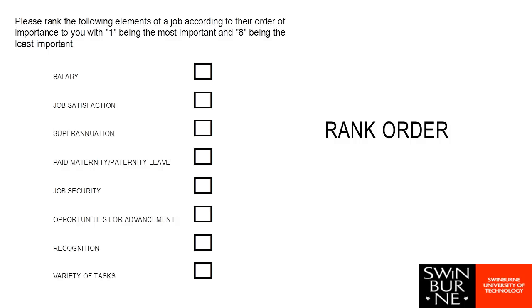We have to remember that the things on this list are not mutually exclusive. Mutually exclusive means if you have one, you can't have the other. So it might be that I don't want a job unless it has a good salary and it has good job satisfaction. So I want to rank both of those 1, but perhaps I'm not able to if I have to use the numbers 1 through to 8.